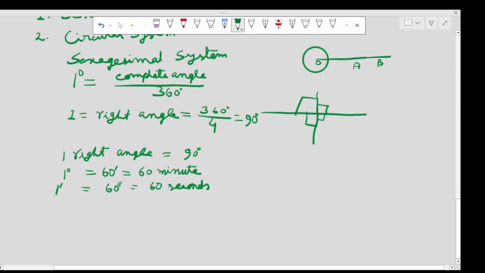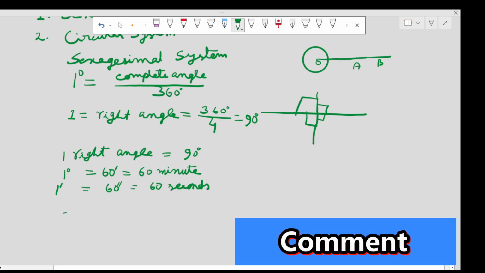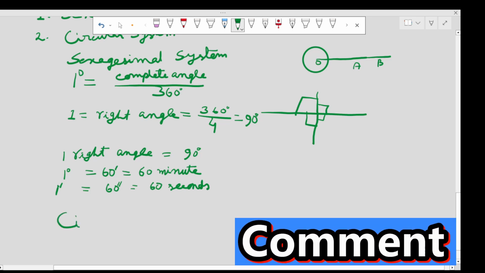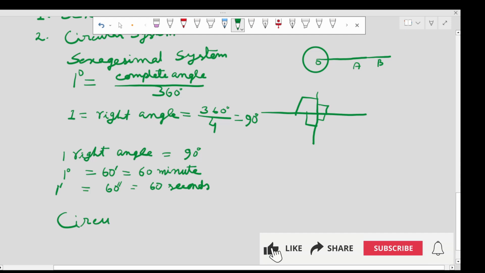Next we'll discuss the circular system. That is number 2. What is the circular system?